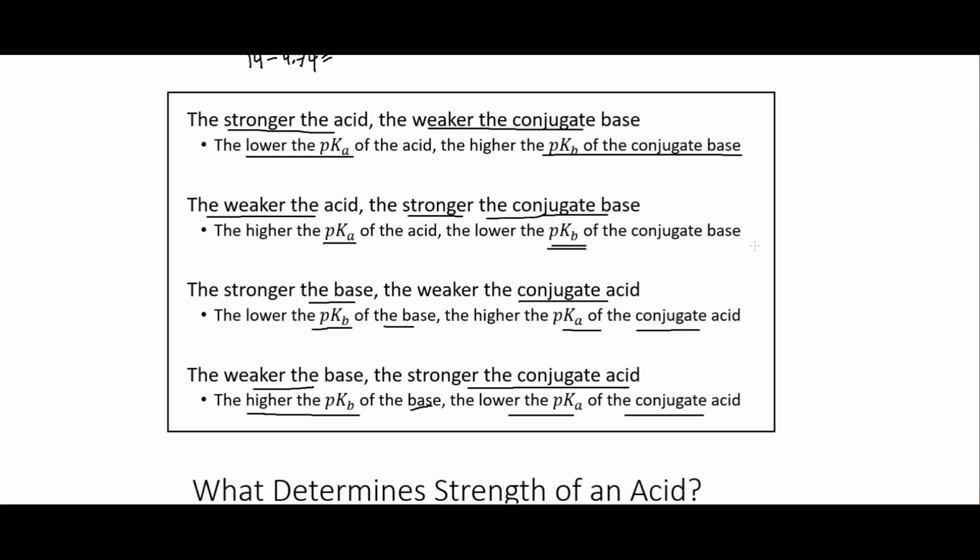But in this case, and in a lot of acid-base stuff, smaller numbers do. Things like pH are the same, where a lower pH means a more acidic solution. And so pH, of course, is about the concentration of acid, where pKa is about the strength of an acid.